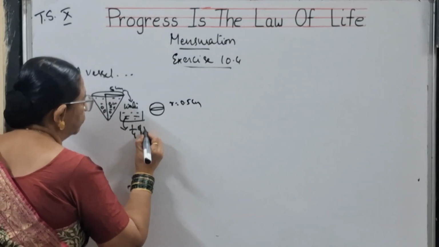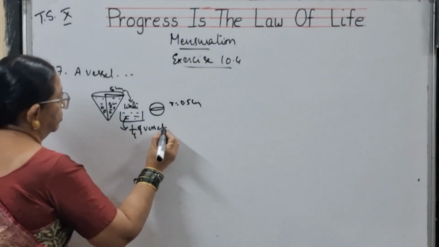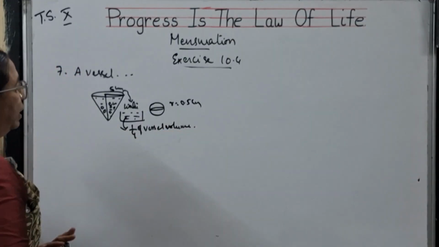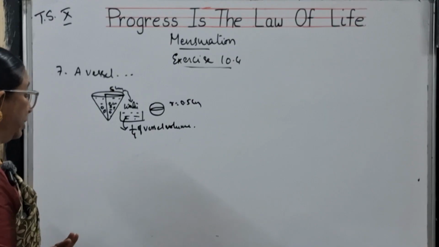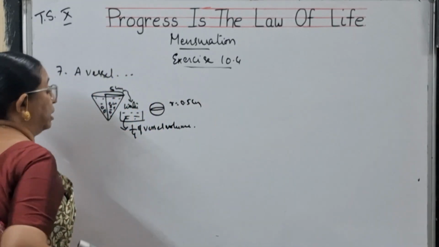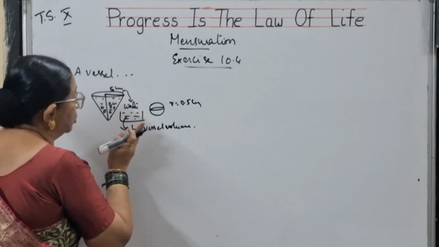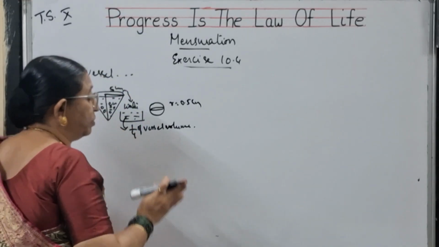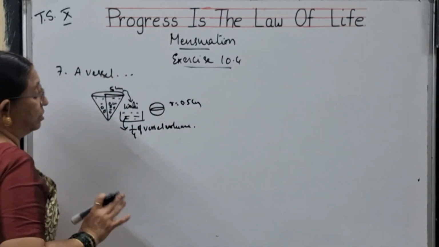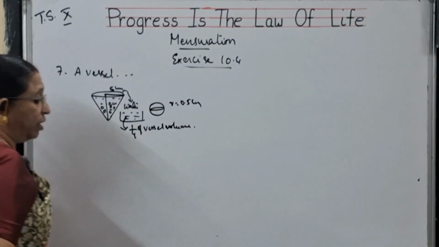One fourth of the vessel volume of water has come out. Archimedes principle says, if any solid is kept inside the liquid, whatever liquid has come out of the vessel, that volume of the liquid is equal to the volume of the solids that are placed in it. Now the question is, how many?